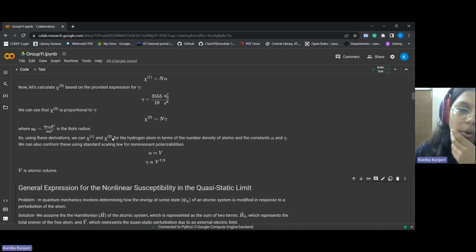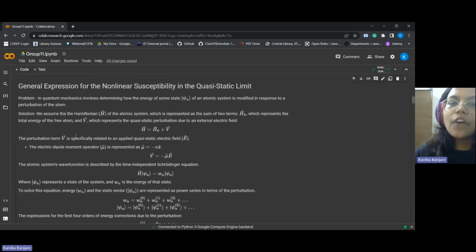So now let's move forward. Now we'll see the general expression for the nonlinear susceptibility in the quasi-static limit. We have seen it for hydrogen, which was similar. So for other atoms or molecules rather than a hydrogen atom, we take the quasi-static limit.